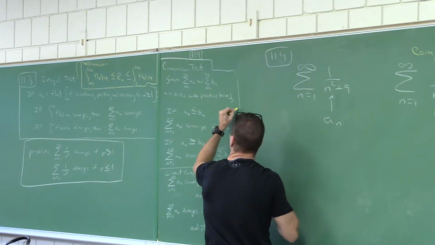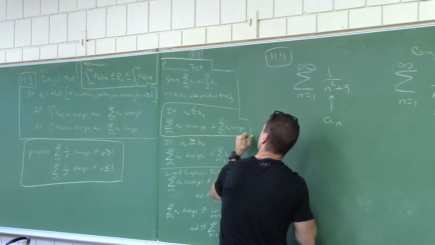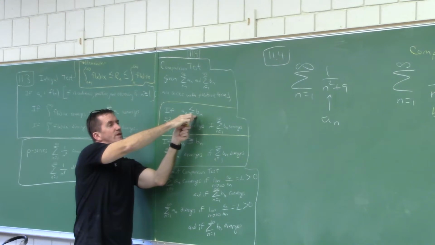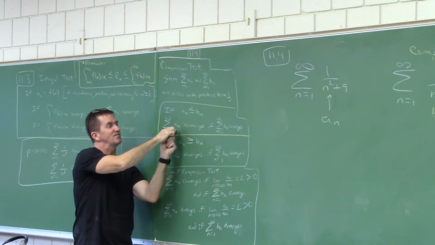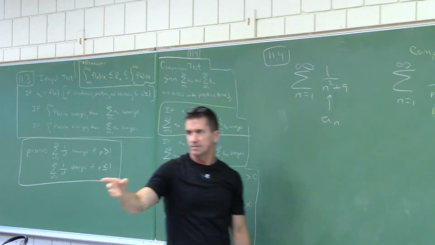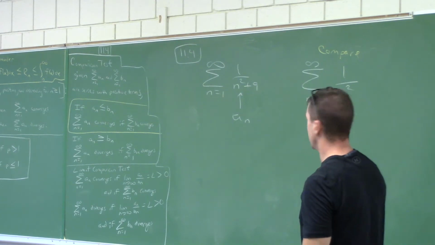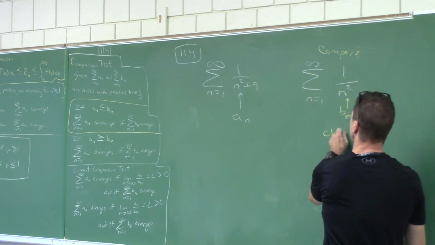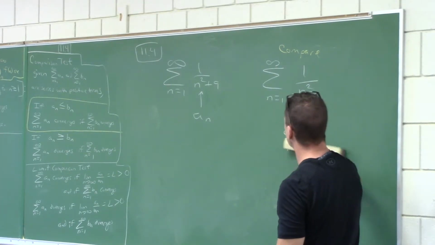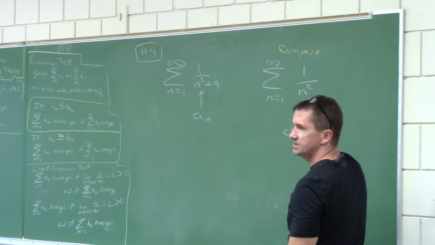But I want us to focus on this: if A sub n is less than or equal to B sub n, and if this series converges, then this one will also converge as well. So do we just get to choose what B sub n is? That's right, you get to choose this. You choose something simple, something that's really easy, something that you can compare to it.